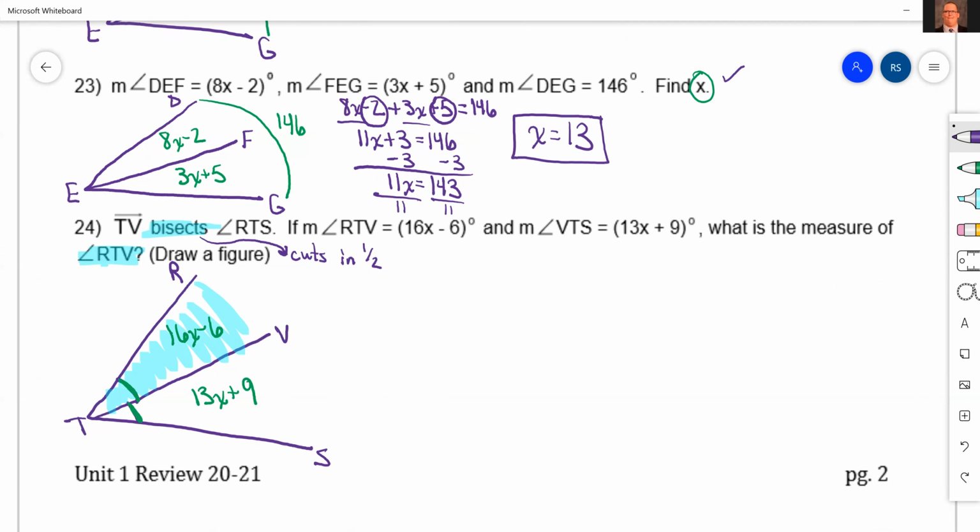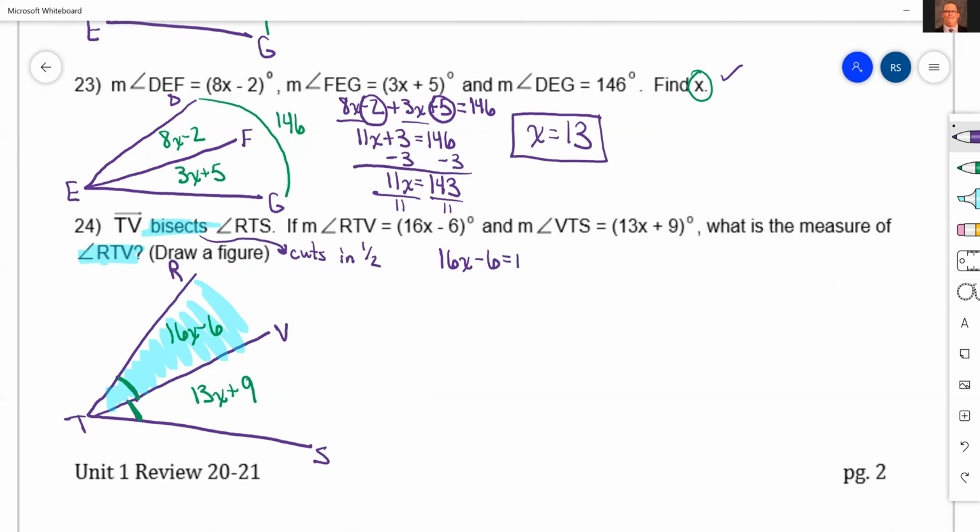But what do I know about the two parts of that angle? I know that they're equal. So I'm going to set them equal to each other. 16x minus 6 equals 13x plus 9. Then I'm going to solve.